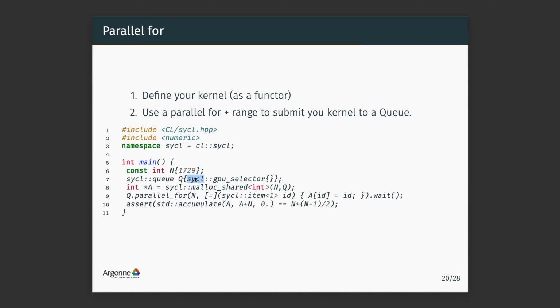If your device is a GPU, it will execute on the GPU, right? All the things are here. So if you want to change to run on the CPU or on the GPU, the only thing you need to do is to change your queue or context creation and pass a different kind of device. So nothing else changes.